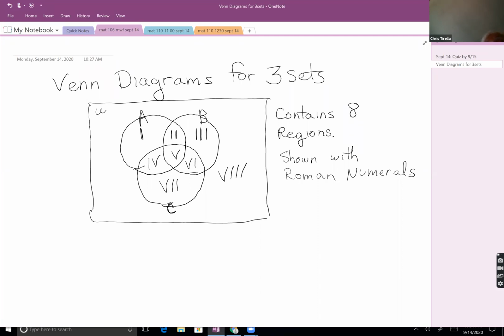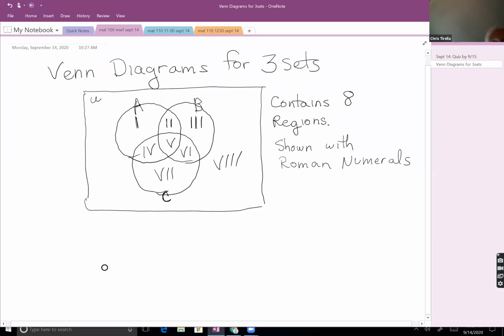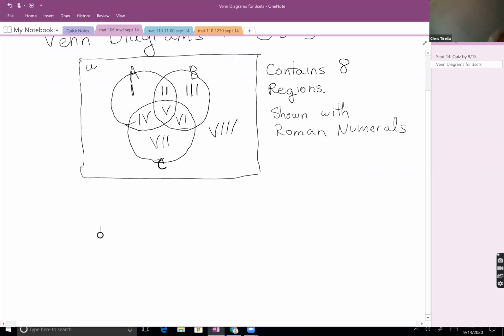So instead I drew a general Venn diagram, labeled the regions, and just asked you to tell me what's in each region. So hopefully that works for everybody. You're going to just type in region 1 and what's in there, region 2 and what's in there, and so on. But let's go through and look at these 8 regions.